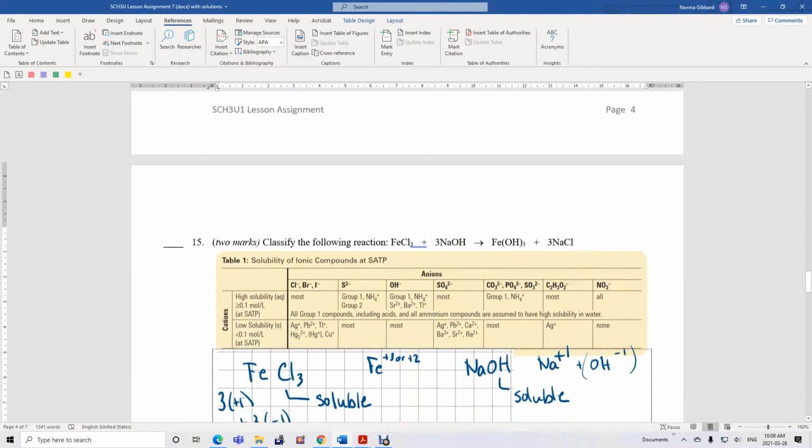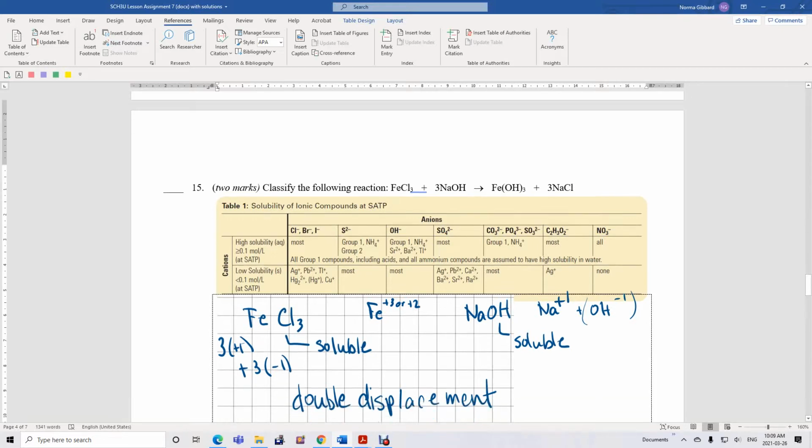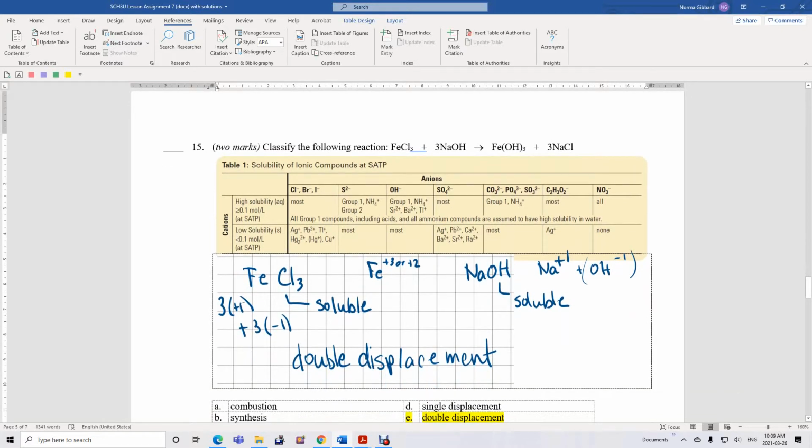Number 15. Again, taking a quick look at the reaction, it looks like a double displacement, but are we sure? Let's break it down. So we have Fe and Cl3.